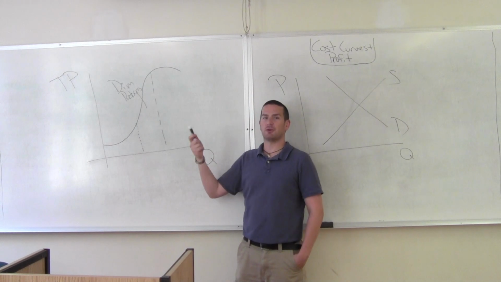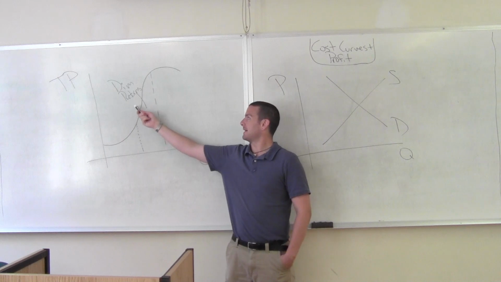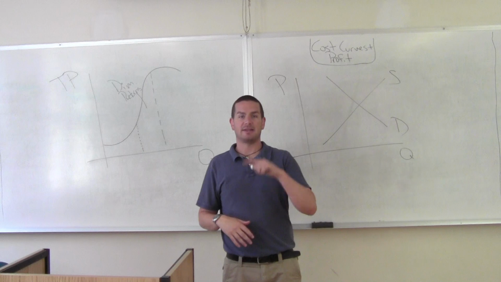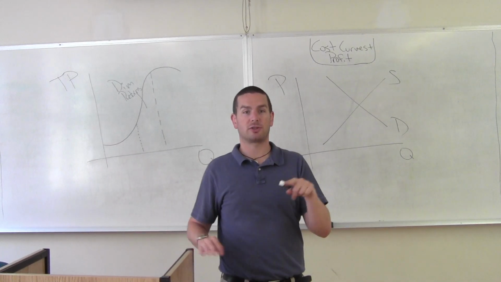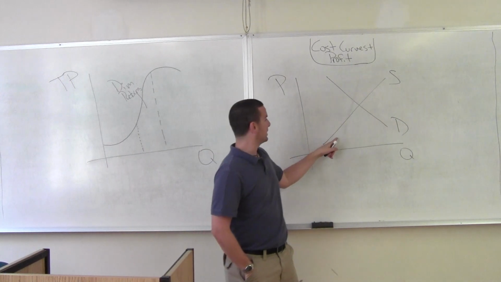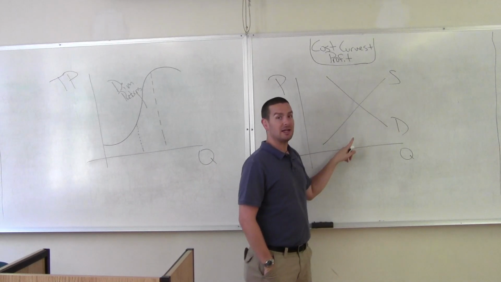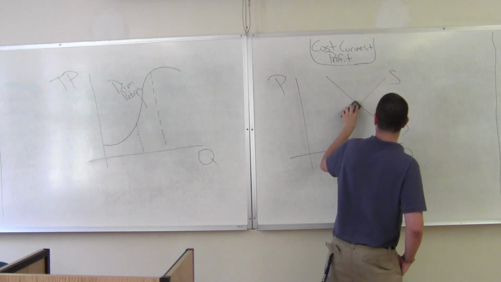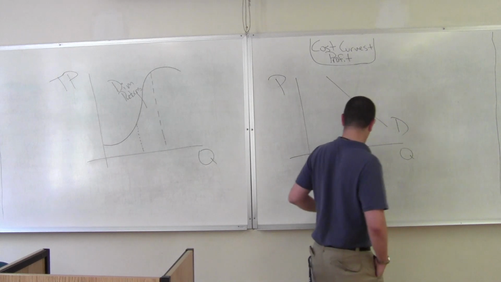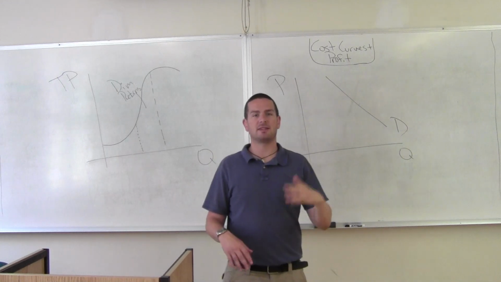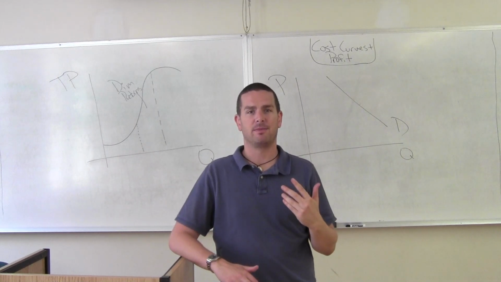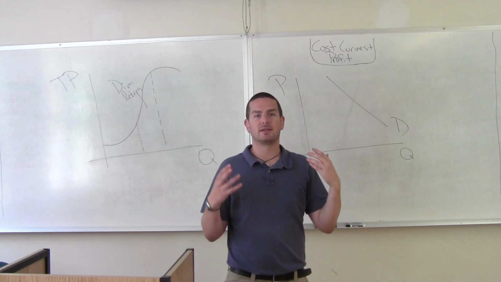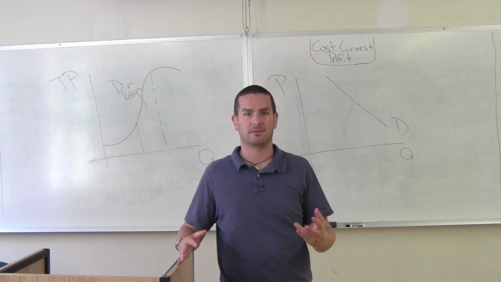He said if there's no such thing as a marginal product, there's no such thing as diminishing marginal returns, which means there's no such thing as a marginal cost curve, which means there's no such thing as an upward sloping supply curve, which means that this whole self-adjusting mechanism that neoclassical economists keep talking about does not exist.